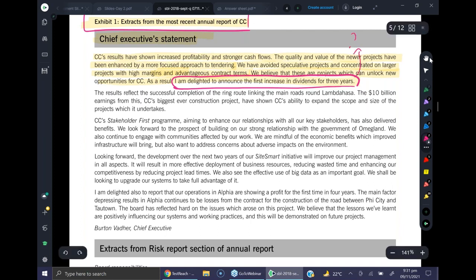I mean, dividends is relevant, so this can be used somewhere in question number 1, part A. Excellent, Elena.